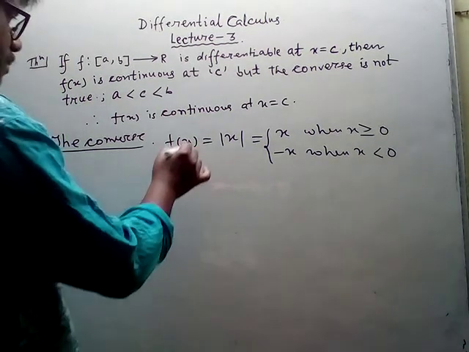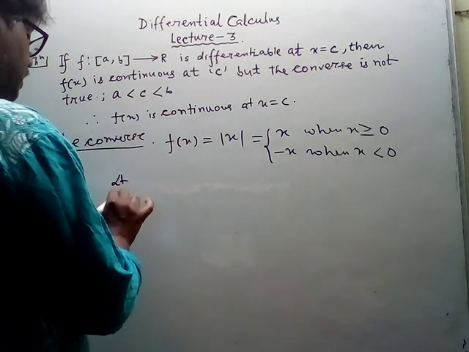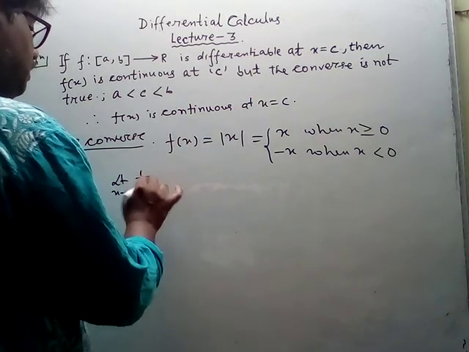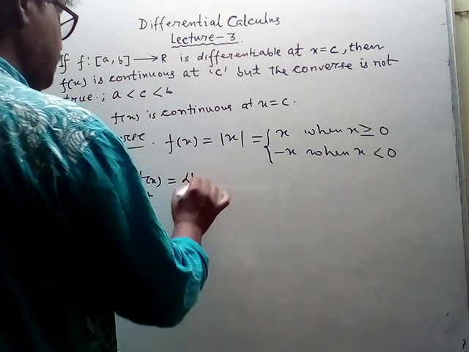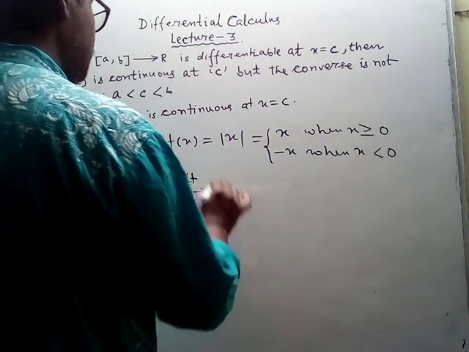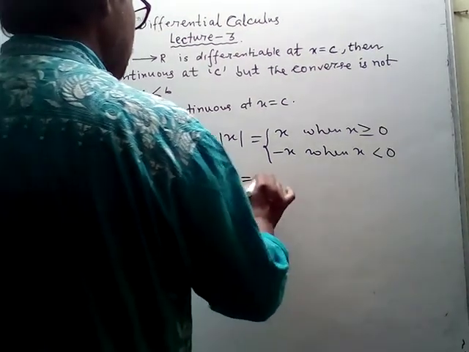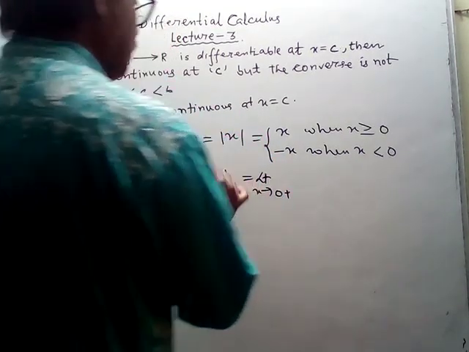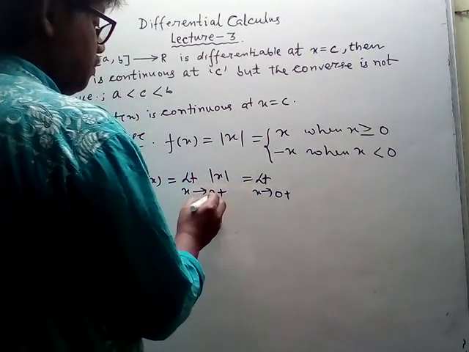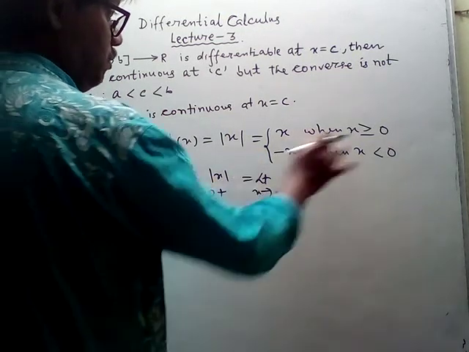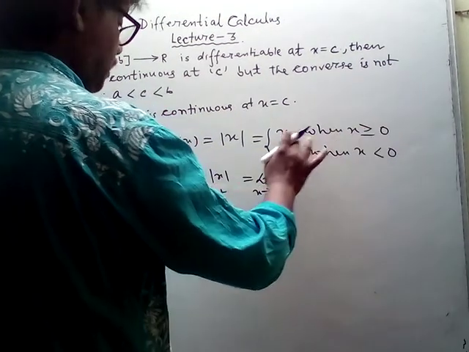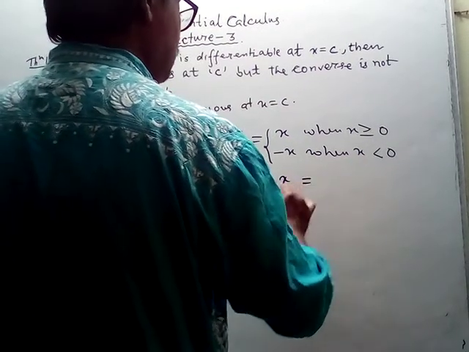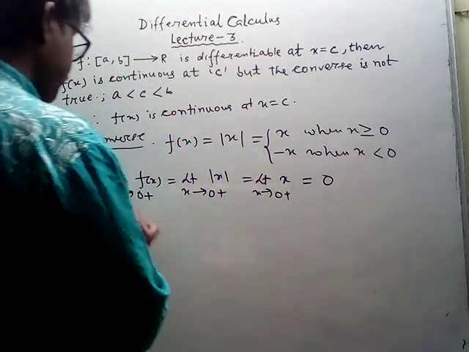Then f(x) is continuous. The right hand limit: limit x tends to 0 plus of f(x) equals the limit of modulus x, where x tends to 0 plus, that means x is greater than 0. For x greater than 0, the value of modulus x is x, and this equals direct put 0.